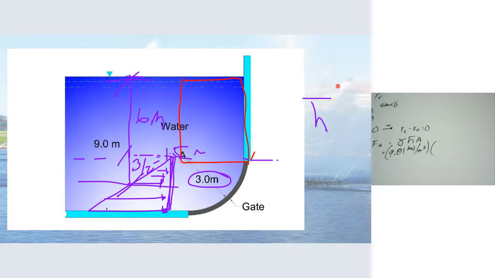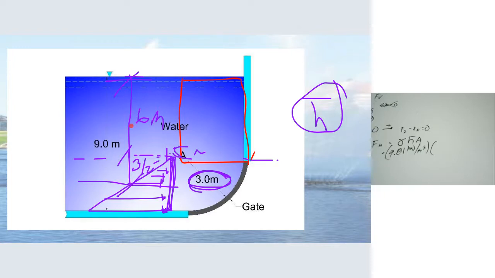H bar is the depth from the surface to the center of the cross area. And the cross area in this horizontal component is a rectangle. So basically, we need to get half of 3 meters, which is the height, half of 3 meters, that's 1.5, and then add this depth for us to get h bar.